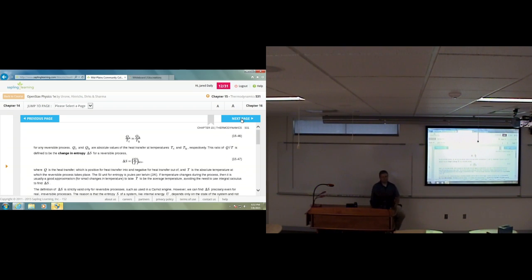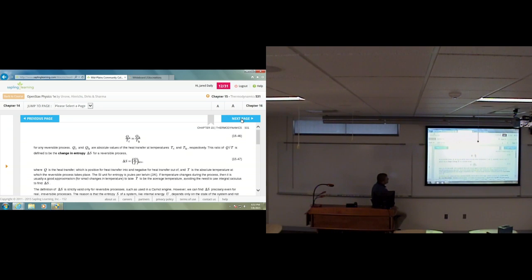This is going to be a thing that involves heat and temperature, where temperature, remember, is a way of understanding the internal energy. It's not a direct measurement of the internal energy, but it is part of the process of getting it. And heat, of course, is a flow of energy in and out of the system.